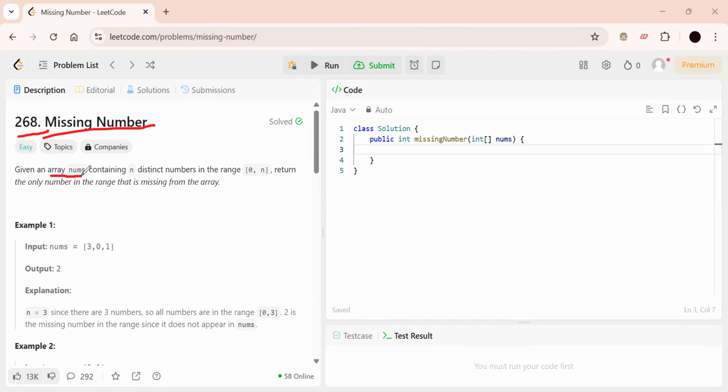Given an array nums containing n distinct numbers in the range of 0 to n.